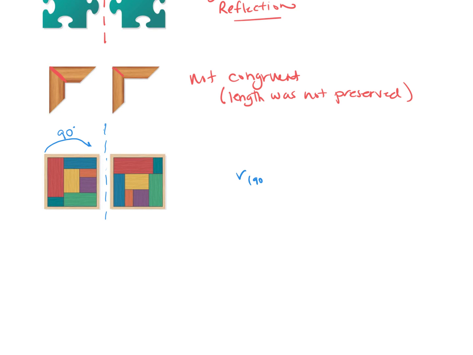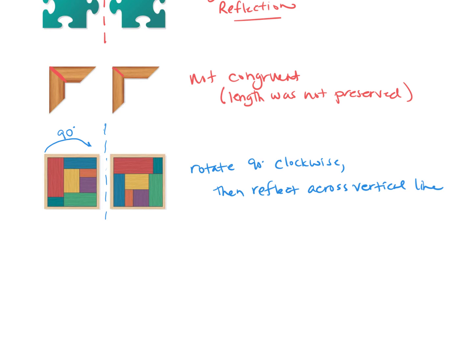I'm not sure what the center of rotation is, so maybe I'll just write it out in words because we don't have a center of rotation on this. I guess it would be the center of the square, but if we rotate 90 degrees clockwise, then do a reflection across the vertical line, we would map this figure onto this figure.